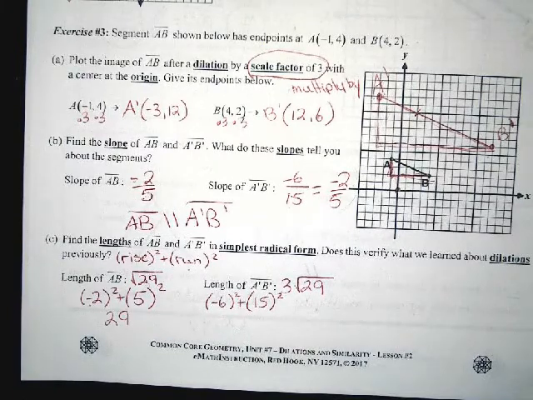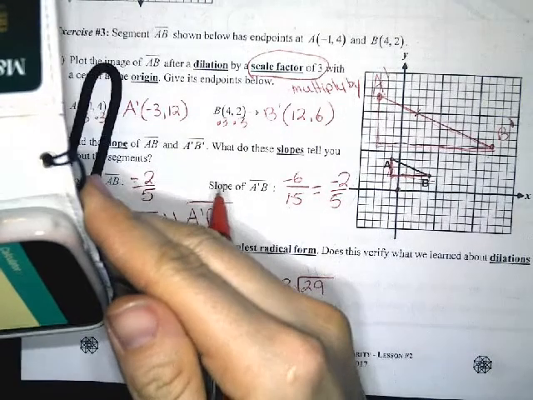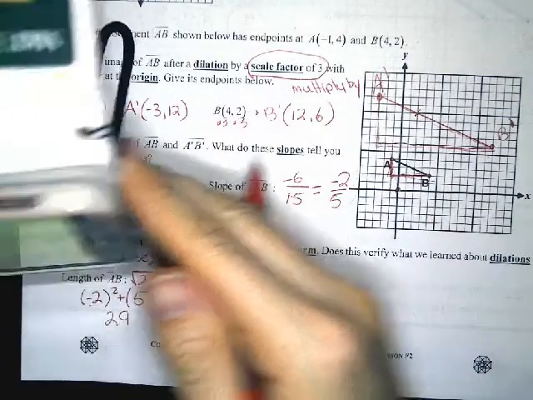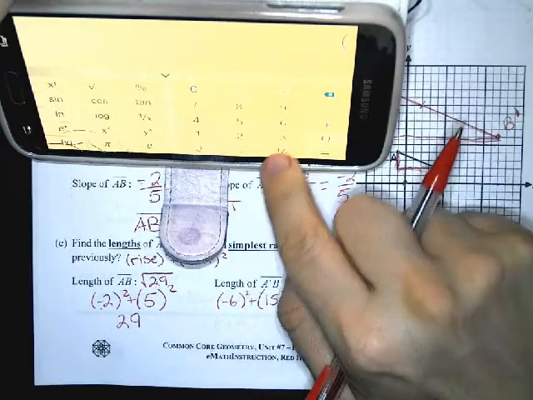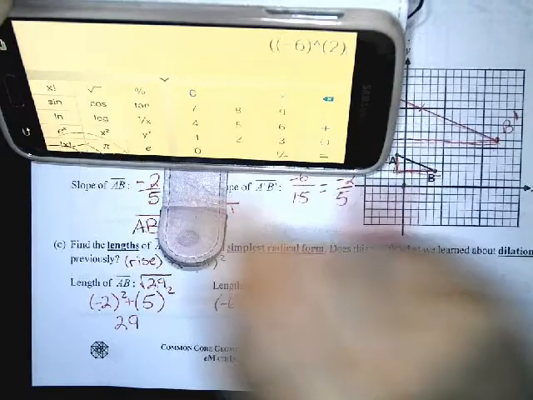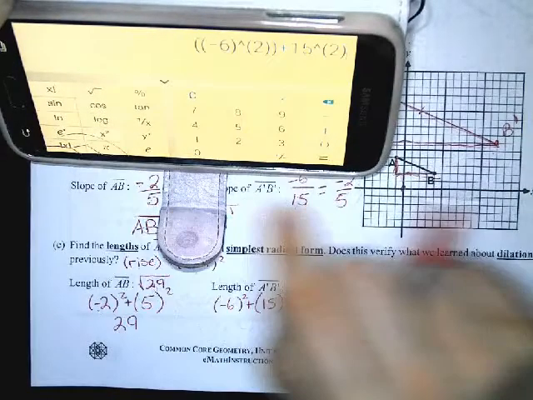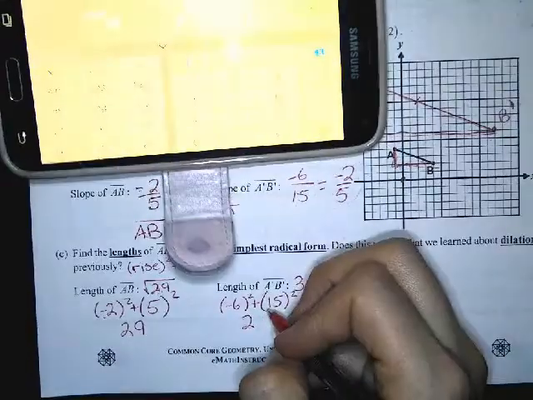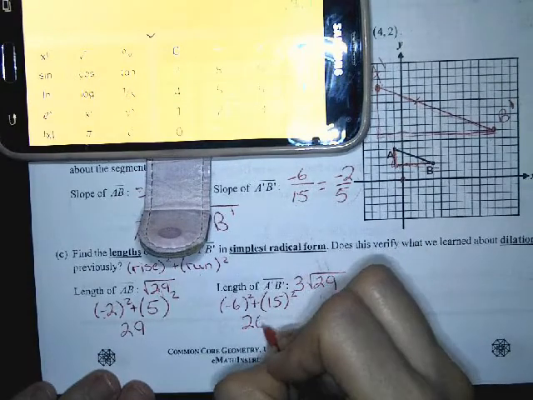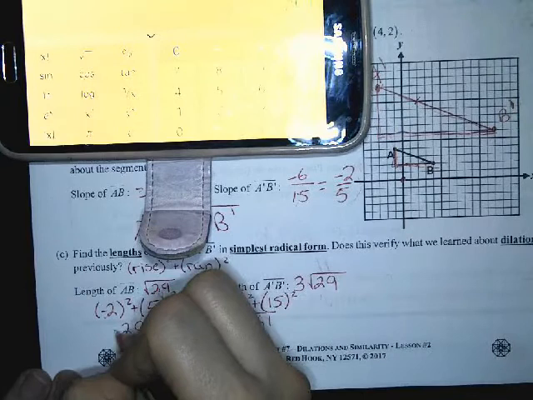Okay, just pulling up the calculator. All right, (-6) squared plus 15 squared. That gives me 261.